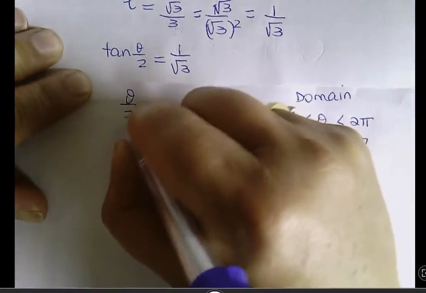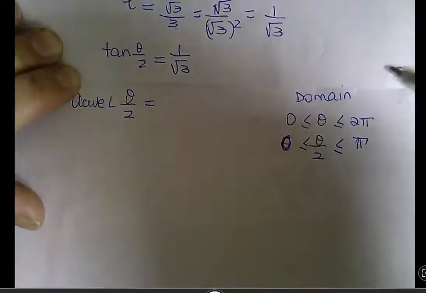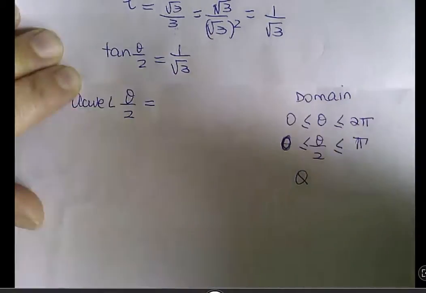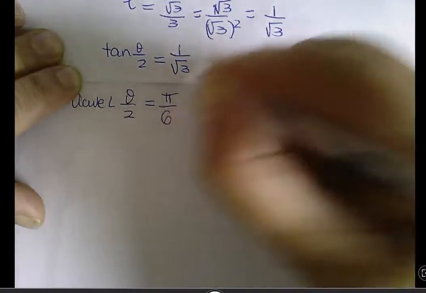So therefore, theta on 2, what's that angle? Acute angle theta on 2. It's 30 degrees, pi on 6.